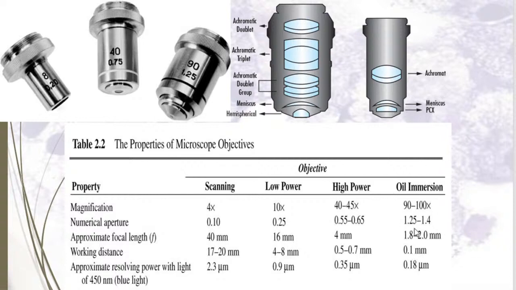An oil immersion objective lens is ordinarily 1.25, 1.4. Approximate focal length is also represented here, and working distance is also represented here. So you can use this as special tables for your microscopic investigations.